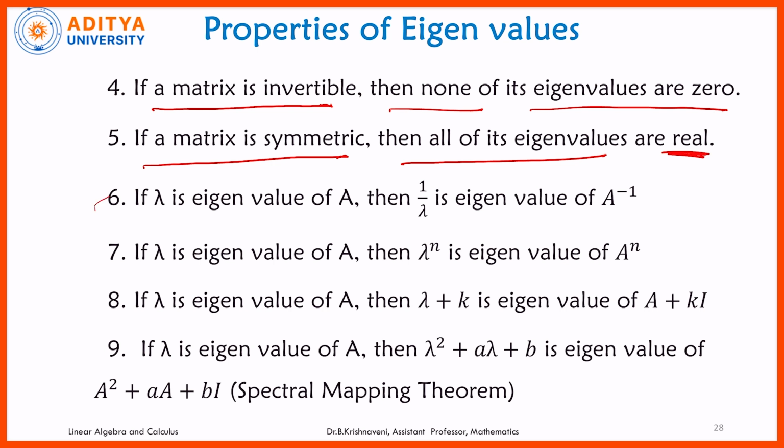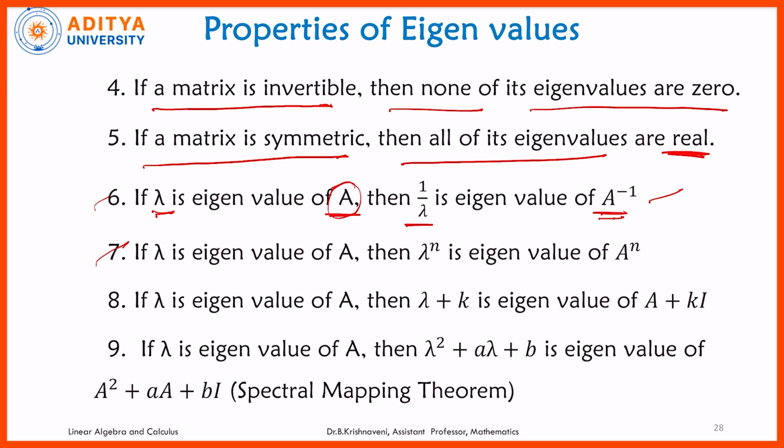Coming to the sixth property: if lambda is an eigenvalue of A, then 1 by lambda is an eigenvalue of A inverse. This is one of the important properties, which means if you know the eigenvalue lambda of A, then 1 by lambda is the eigenvalue of A inverse.